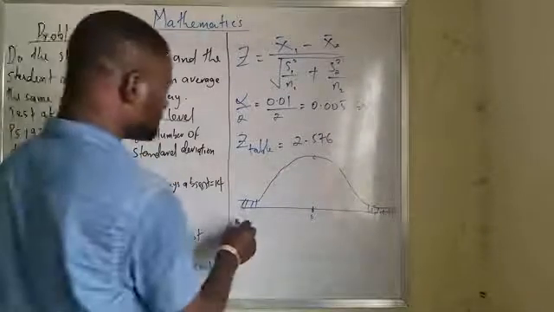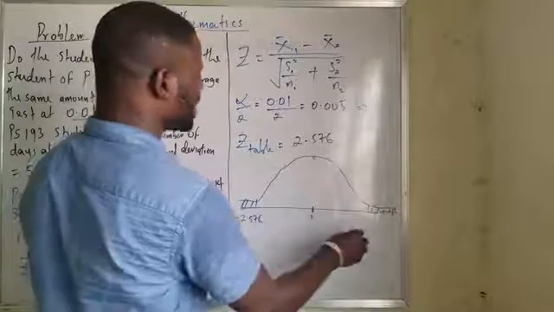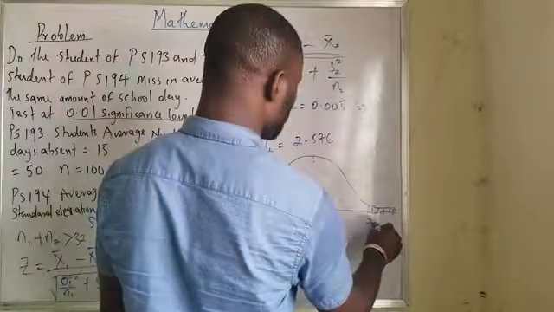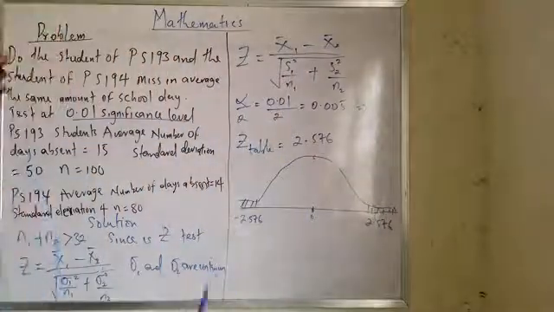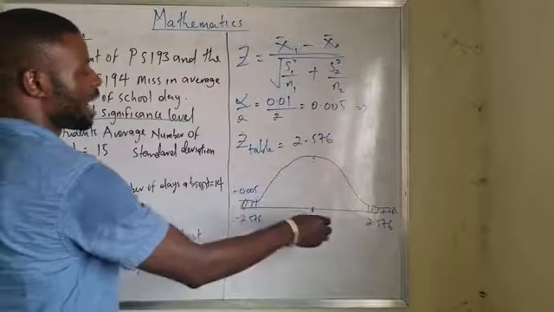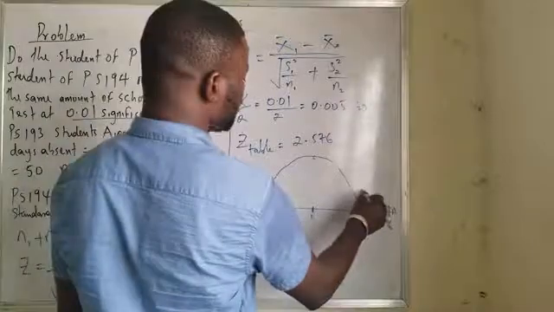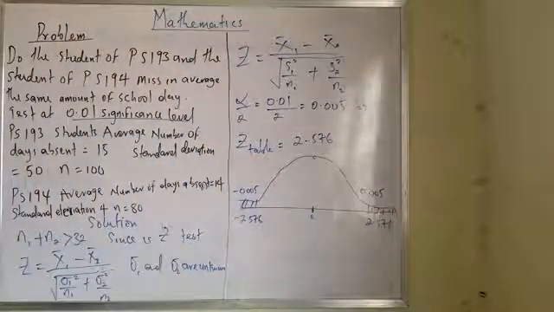Here will be minus 2.576 and here will be 2.576. That is correct. And this one will be 0.005 and here will be 0.005. By so doing, I've successfully drawn my critical region.